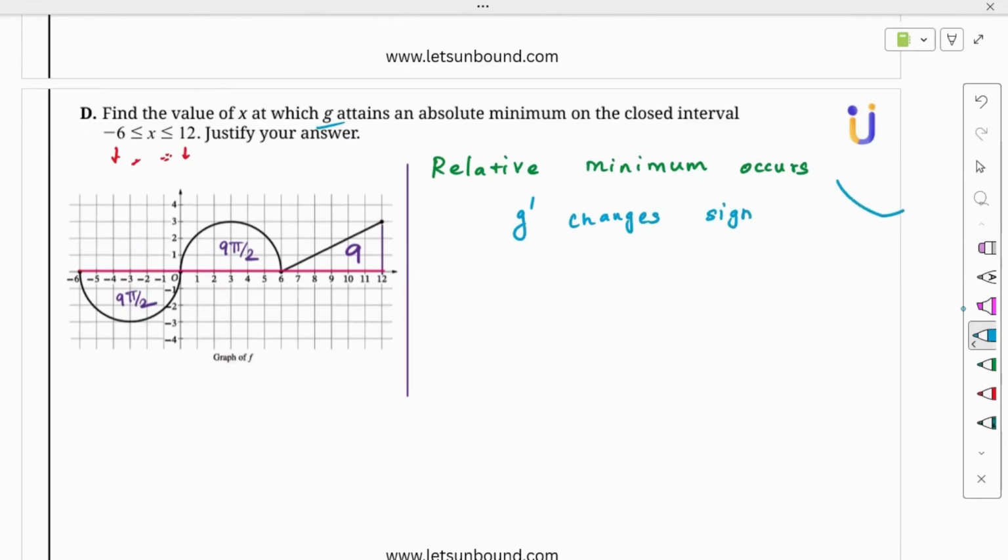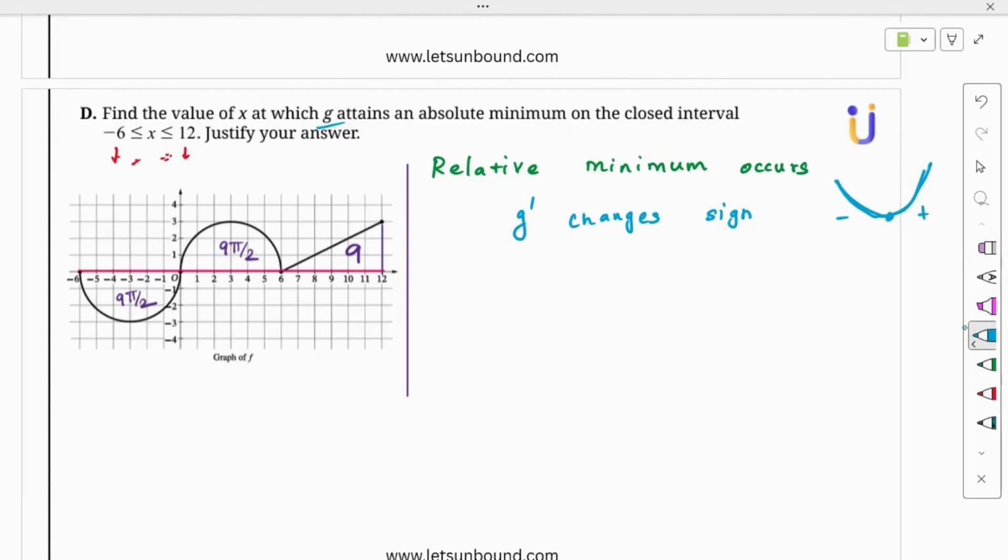We need a decreasing to increasing manner. A positive to negative sign change is a relative maximum, so you need a sign change from negative to positive. Let's see where it is negative to positive.